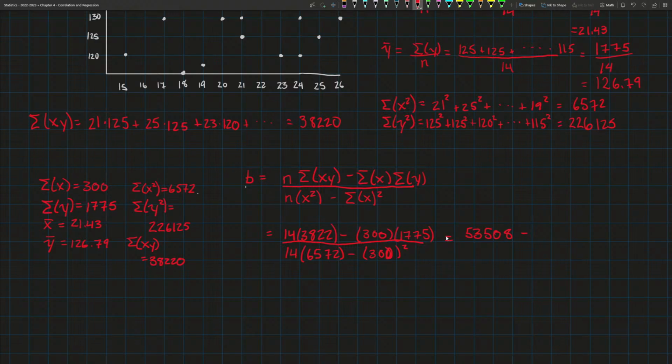That's 532,500. All over 14 times 6572, minus 300 squared, which is 90,000.